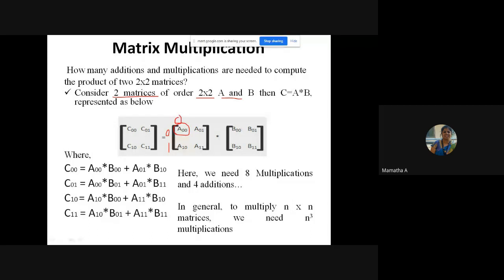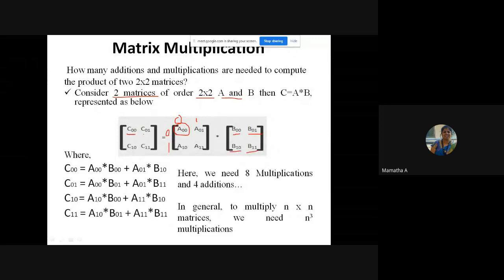Why I have used this notation is because Strassen's matrix multiplication has certain formulas to compute the matrix multiplication. Similarly, B00, B01, B10, B11, and the matrix C will also be named in that particular way.